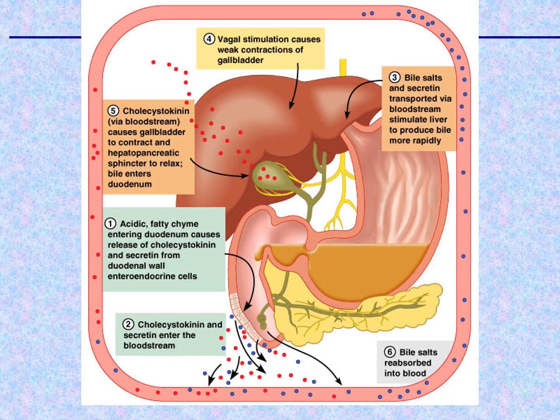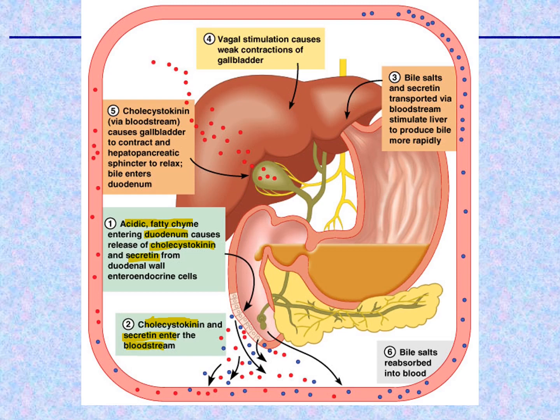And here you see acid fatty chyme going into the duodenum, triggering release of the two hormones, cholecystokinin and secretin. They go into the bloodstream and float around, and here you're seeing them as these red and blue dots, where the blue dots are secretin and the red dots are cholecystokinin.